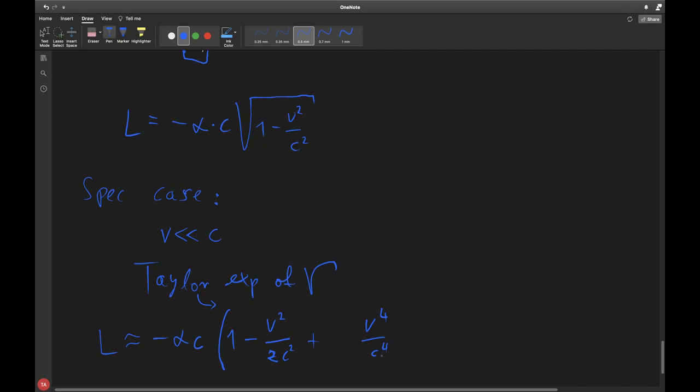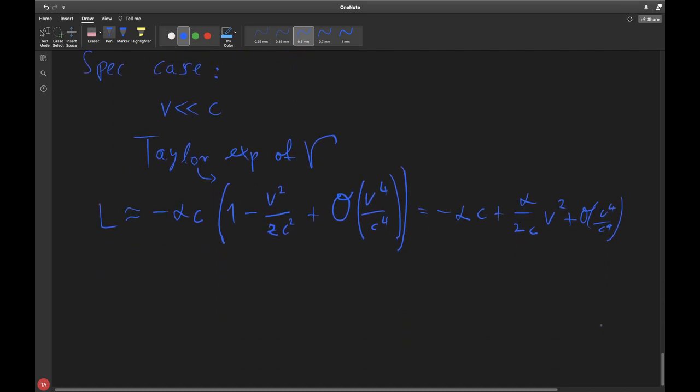And if we divide that with the fourth power of the speed of light, which is a huge number, then this ratio gives us negligible contributions. So I'm going to just use this big O notation and say that we don't care about anything that goes with those terms. So if I do the multiplications, then I get that this is minus alpha c plus alpha over 2c of v squared, and the terms which we don't care about, v^4 over c^4.